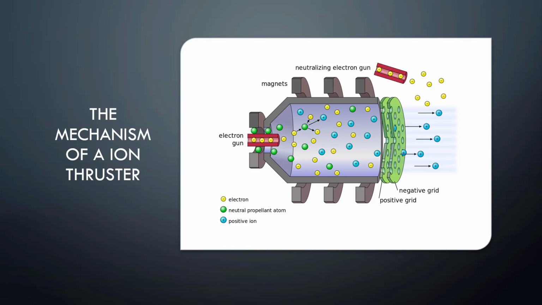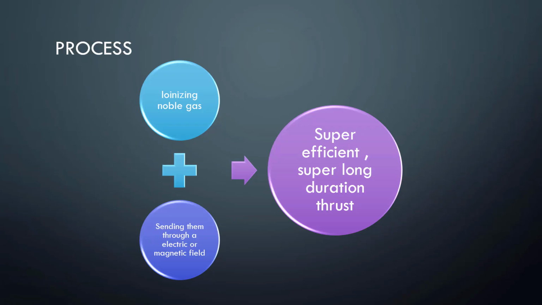We want to keep everything neutral, so we also propel the electrons that were in the chamber along with the positive atoms, so the exhaust is neutral and won't be affected by the engine or the rocket itself.